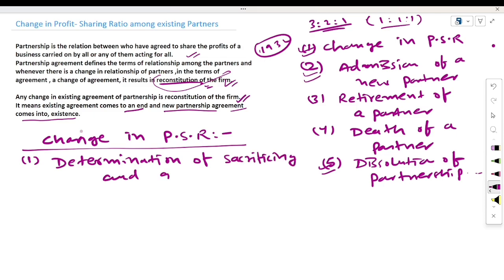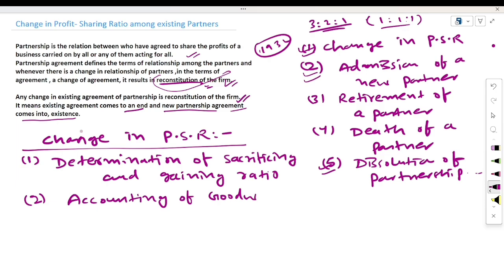Then after, we will learn accounting of goodwill.